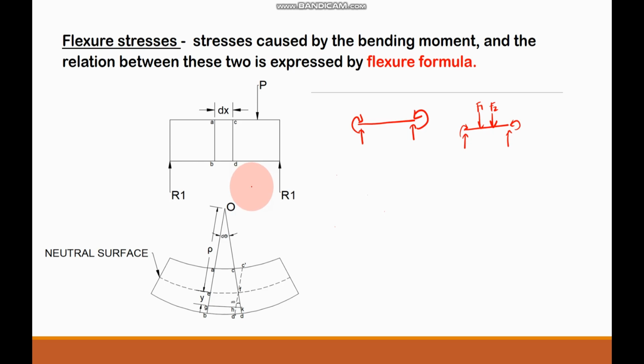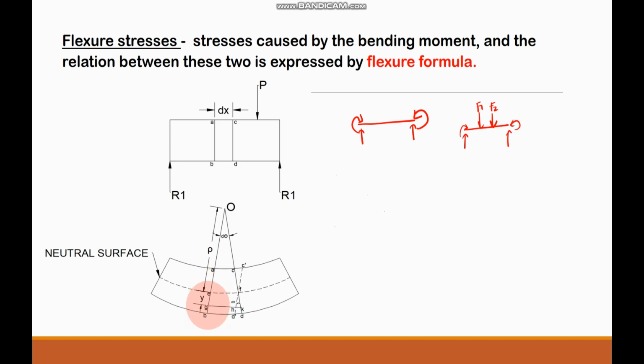So, there is a bending caused by load P. So, since nag-deform na yung ating beam, sections AB and CD rotate relatively to each other by amount of d theta. So, mapapansin nyo, yung AB and CD natin, nagkaroon na ng deformation or rotation relative to each other.